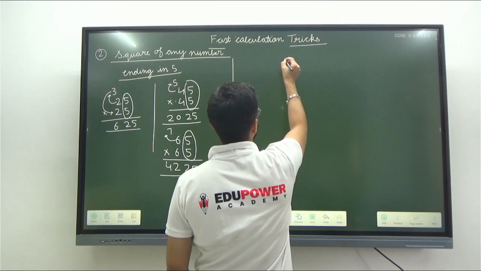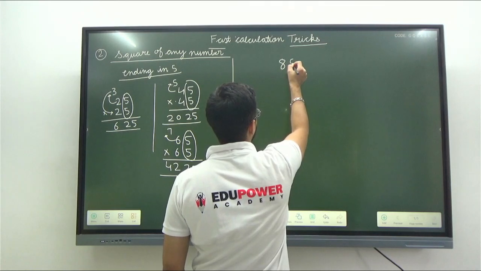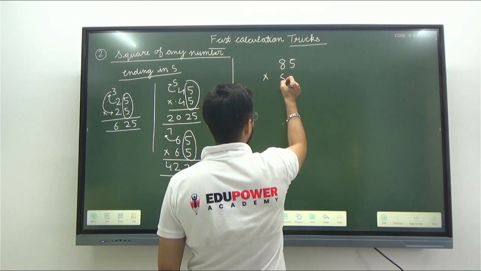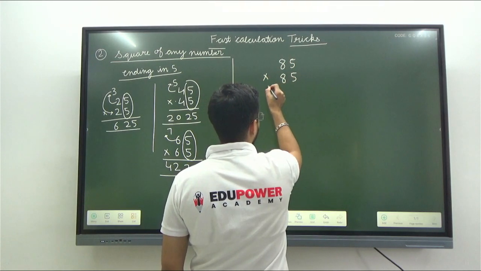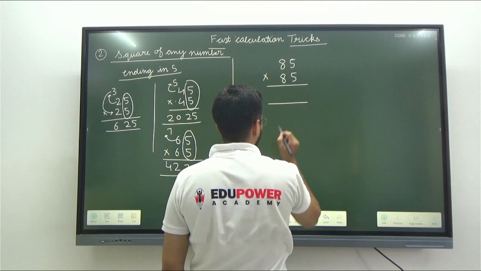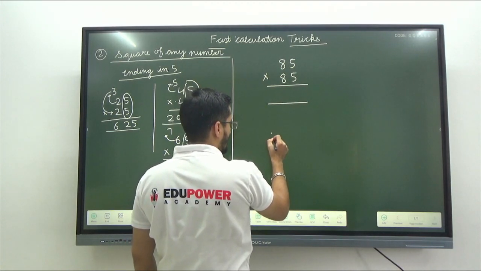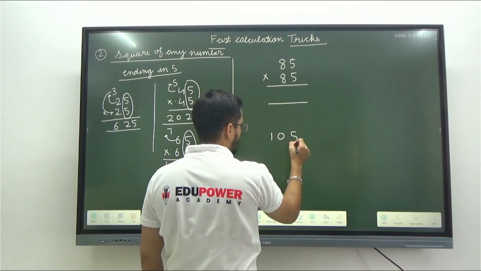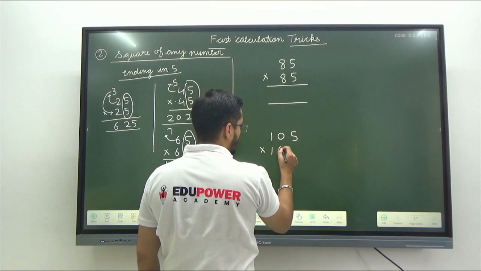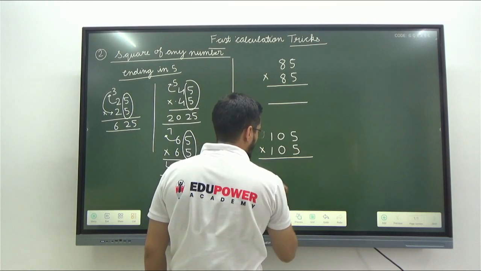Moving on to the next question. Suppose you have to find 85 into 85. 105 into 105. How will you answer?